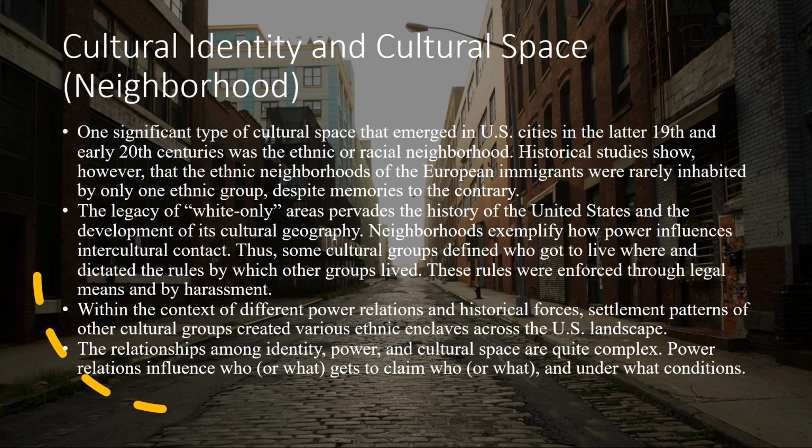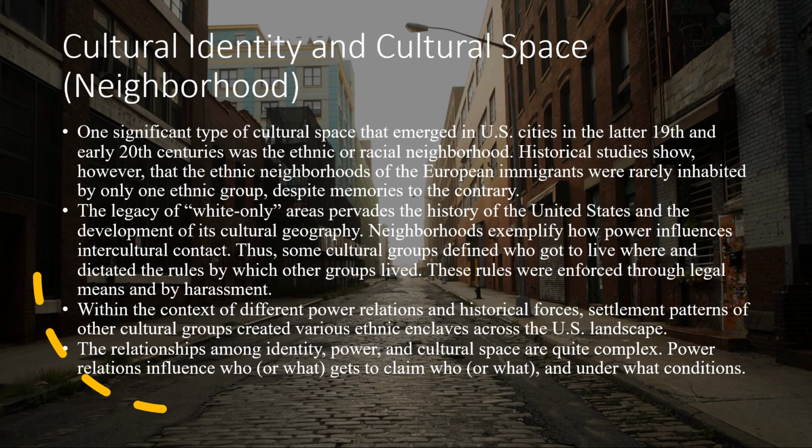So while it is true, dramatically true in the United States, the segregation has largely been driven by legal means and by means of harassment and explicit bias and prejudice and stereotyping and discrimination. There are also instances where people choose to live with people who are like them.